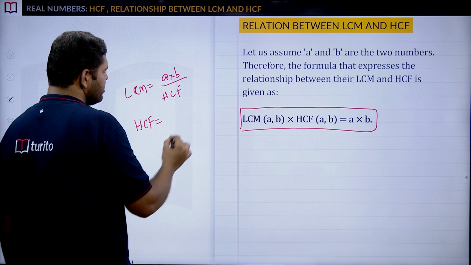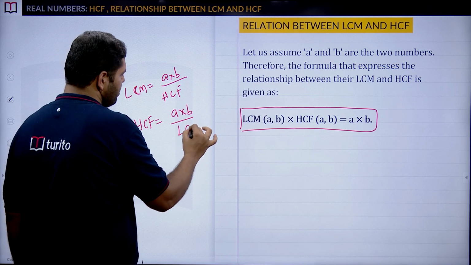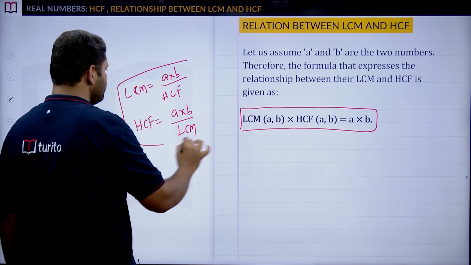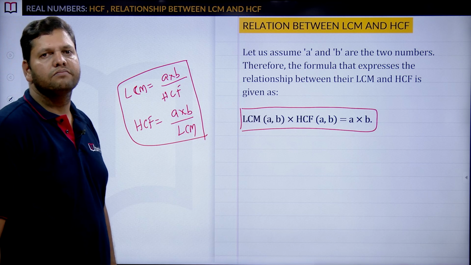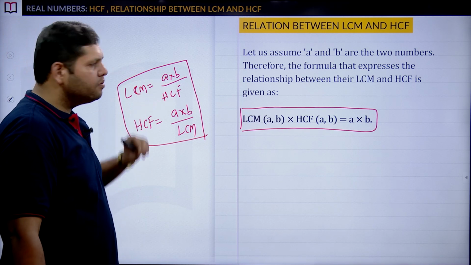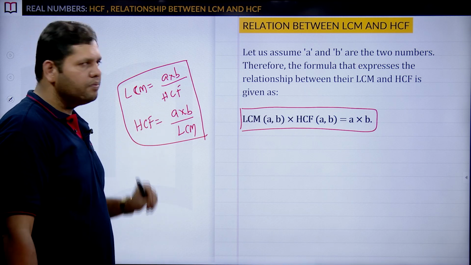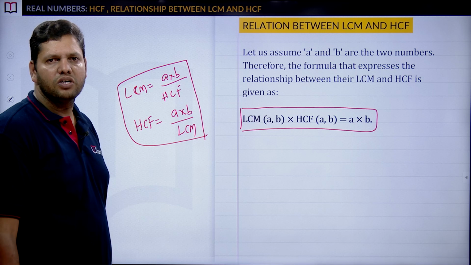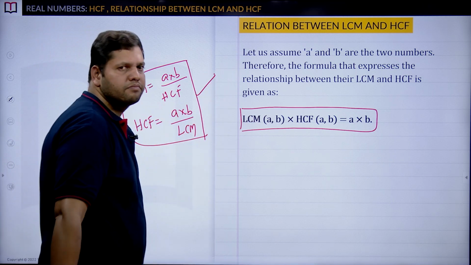How we can write, children, here HCF? I can write as A into B divided by LCM. So if you miss any number or any value, we can bring that value. Here LCM is unknown, so we can write as A into B by HCF. Here HCF is unknown, we can write as A into B by LCM. Clear, children? It is a relationship between the LCM and HCF.